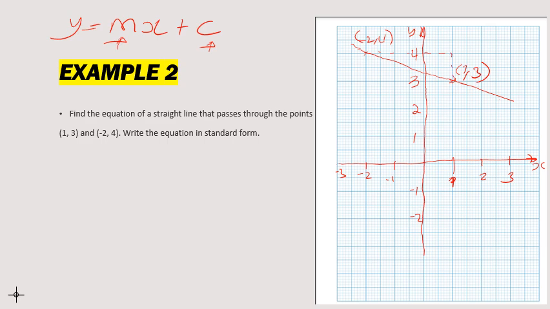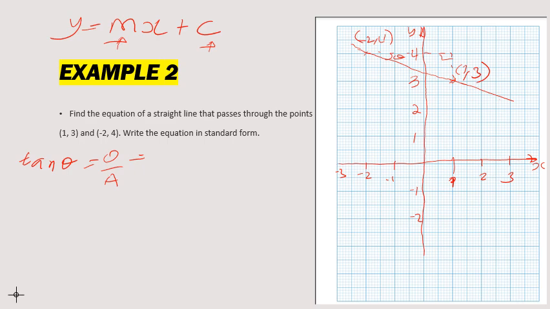If we draw that imaginary triangle, we know this is theta, and tan theta is equal to opposite over adjacent. What is our opposite? Opposite is change in y.